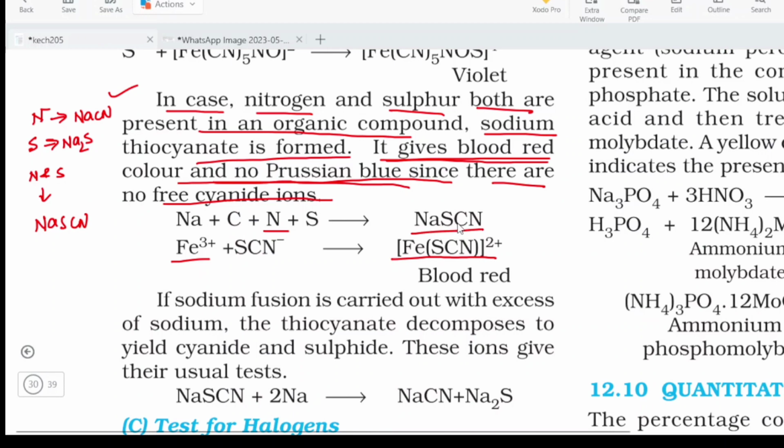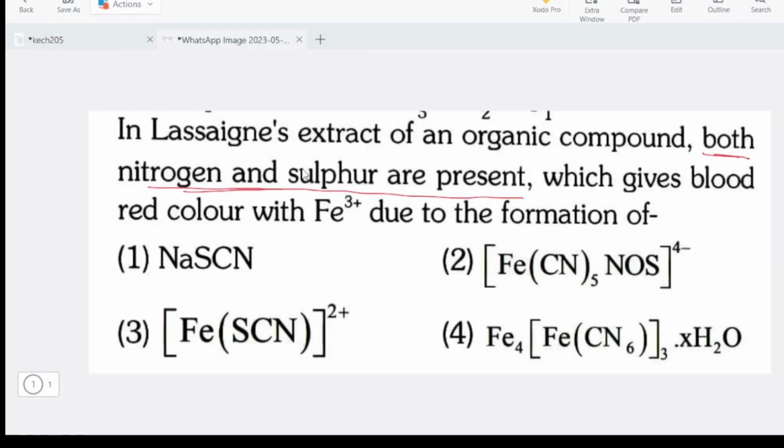This sodium thiocyanate reacts with Fe3+ ion and forms [Fe(SCN)]2+. This same thing is written in your option 3, so the answer to this question will be option 3.